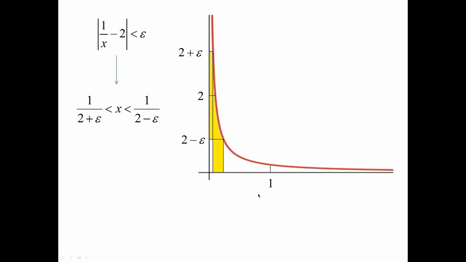This is where number 1 exists. We can't move number 1. So there's no way for us to choose a delta that will get 1 into the yellow region. There's no delta we can choose here. And so this is not a limit. We can't find a delta that will get 1 into this interval.